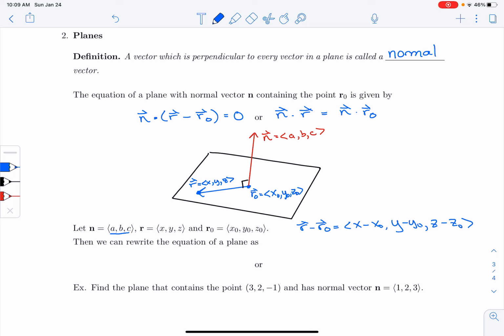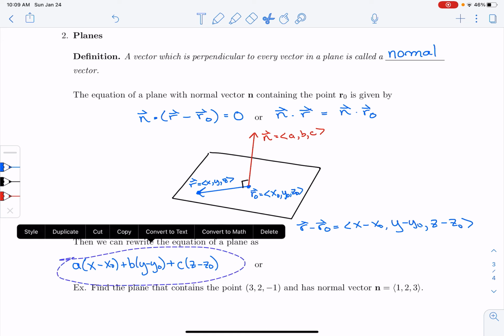Then n dot r minus r0 is going to be a times x minus x0 plus b times y minus y0 plus c times z minus z0, which is now going to equal 0.